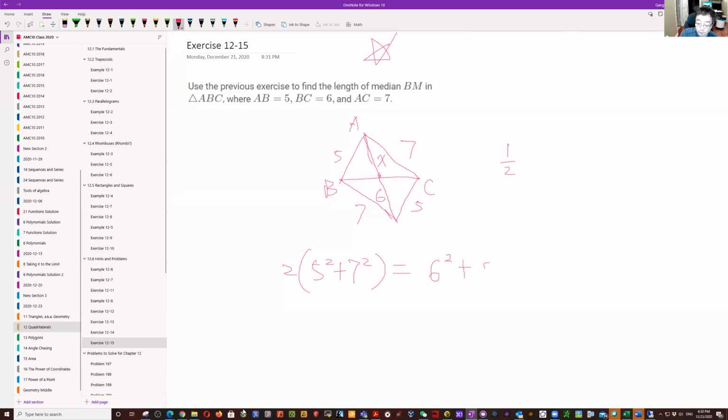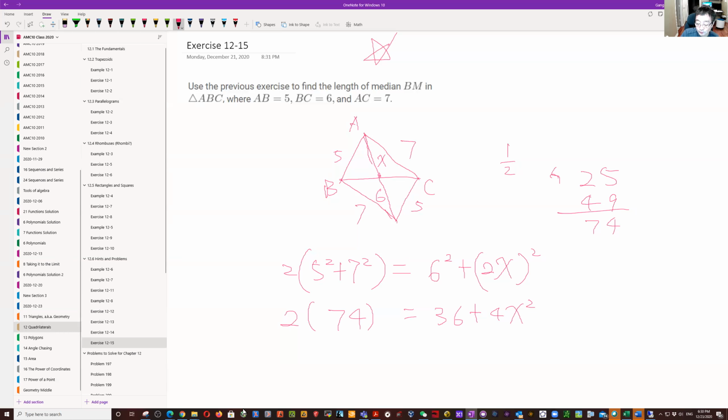So diagonal 2 is 2x, and its square is 4x square. So we can say it is 36 plus 4x square. This side is 2 times 25 plus 49, and it's 74.